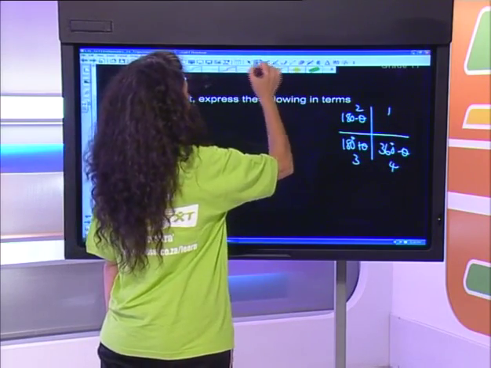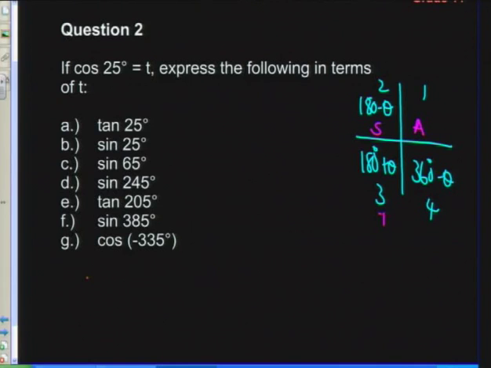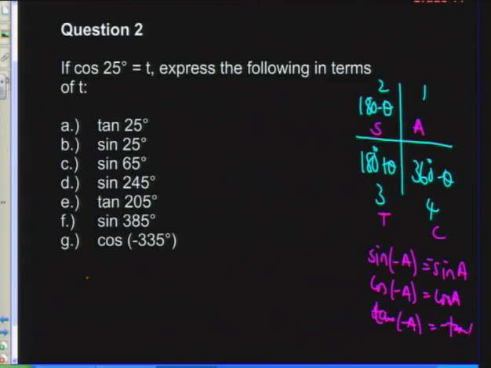We're also going to, in the quadrants, have that everybody's positive, sine is positive, tan is positive, and cos is positive. So we're going to keep that information. We're also going to keep the information on the negative angles, that sine of negative A is negative sine A, cos of negative A is cos A, and the tan of negative A is negative tan A. So we're going to use some of that information, and we're also going to use the very popular CoCo rule.